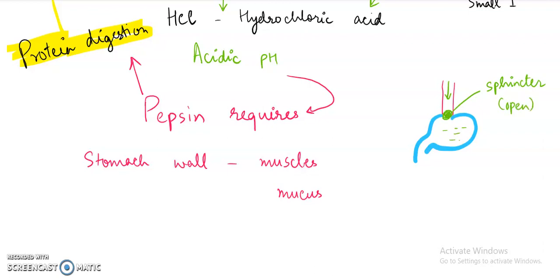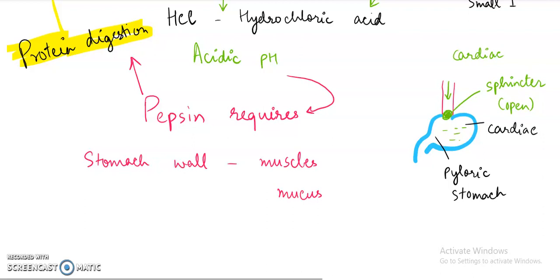This is also known as the cardiac sphincter because the first part of the stomach is known as the cardiac stomach and the last part of it is known as the pyloric stomach. The part of the stomach that is close to the esophagus is known as the cardiac stomach. The part of the stomach close to the small intestine is known as the pyloric stomach. So a sphincter is present at both the places.